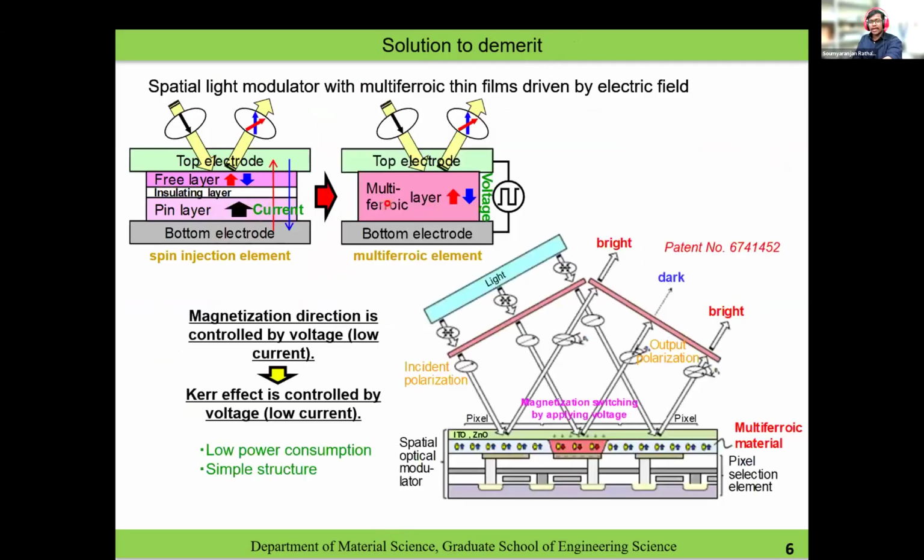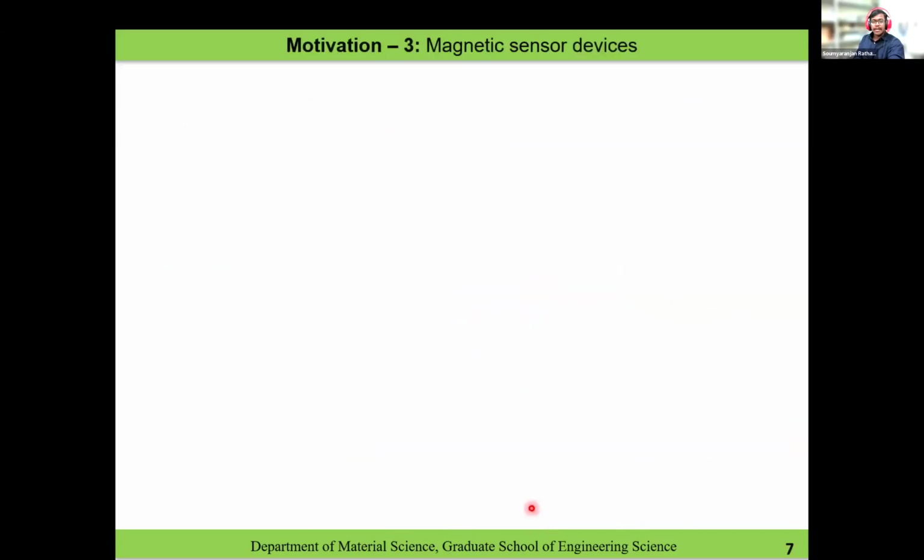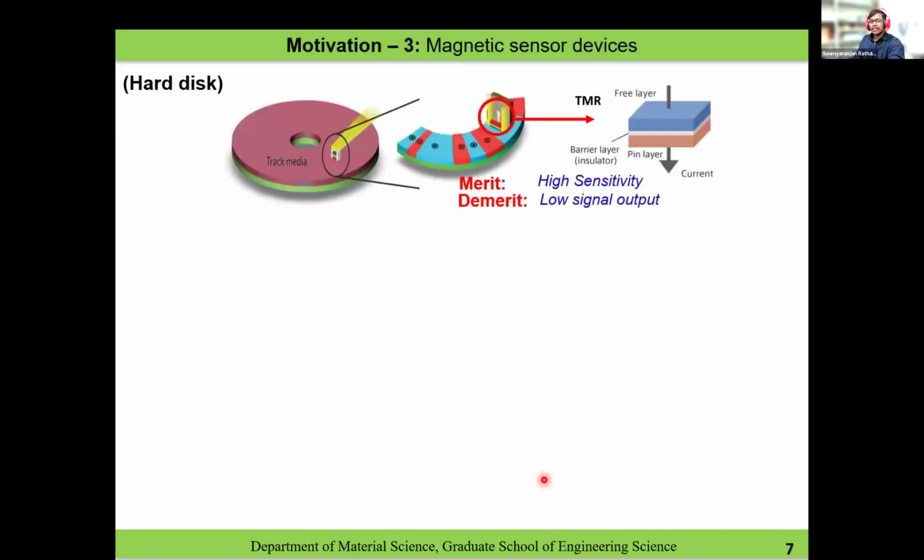Instead of that, we can simply use a multiferroic layer and we can write data by using light polarization, by using the concept of Moog measurement. So here we need some material that will give a very high Kerr effect and the Kerr angle should be very high. In the third case, we are working on sensor devices.